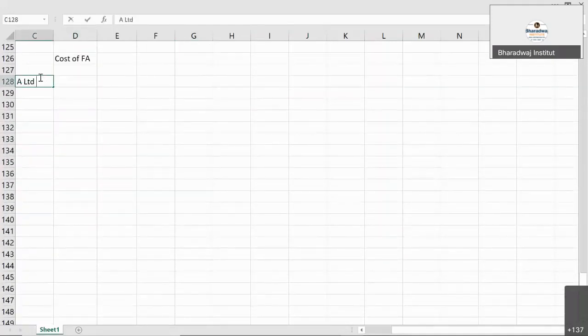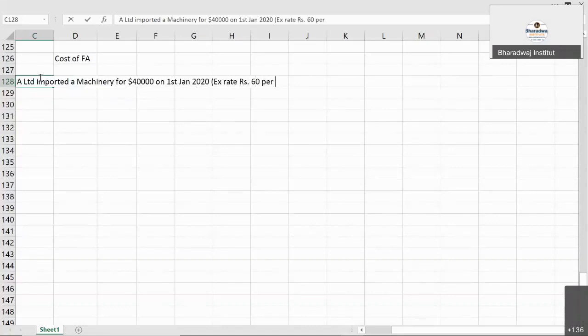A Limited imported machinery for $40,000 on 1st January 2020. Exchange rate is 60 per dollar. Import duty 40%.